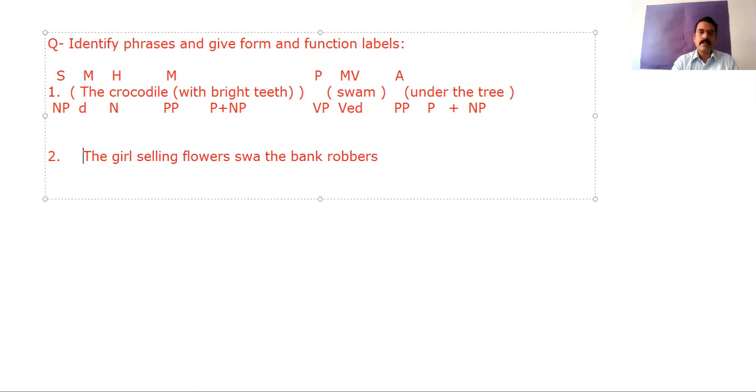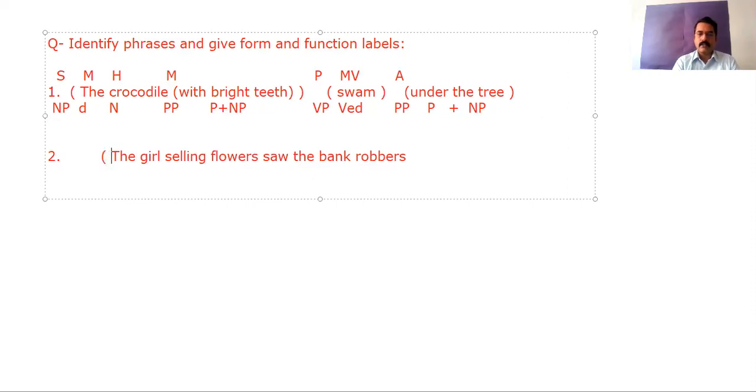This is the second sentence that we have chosen for identification of the phrases and giving form and function labels. So now let us start with identification of the number of phrases first. So how many phrases are there in this particular sentence? There are 3 phrases again.